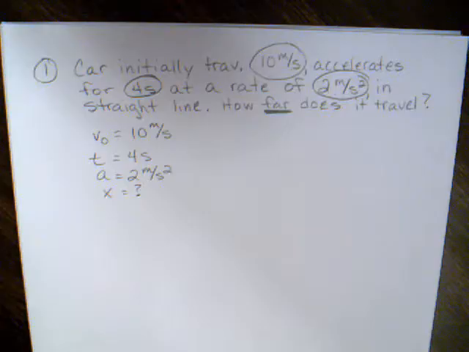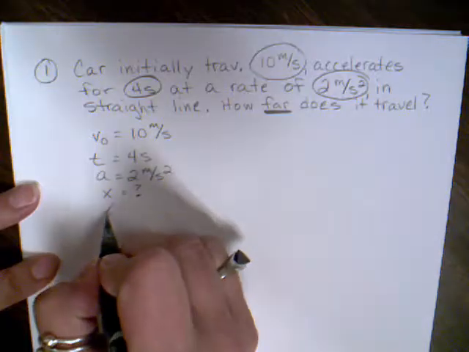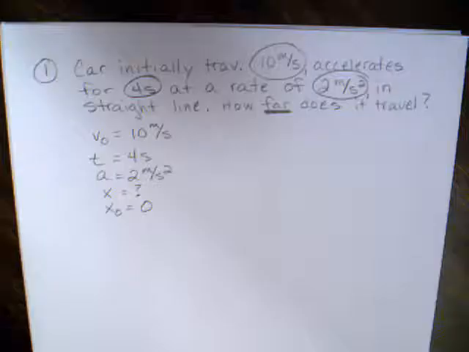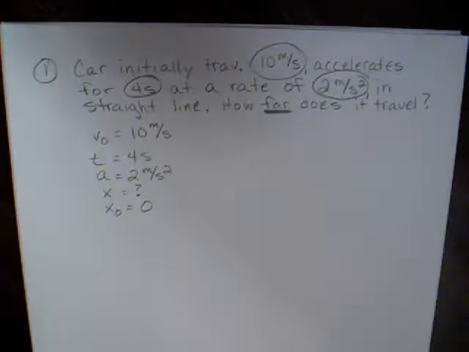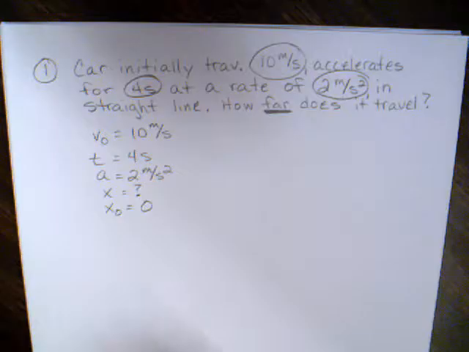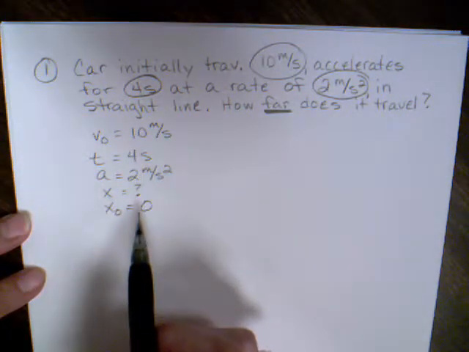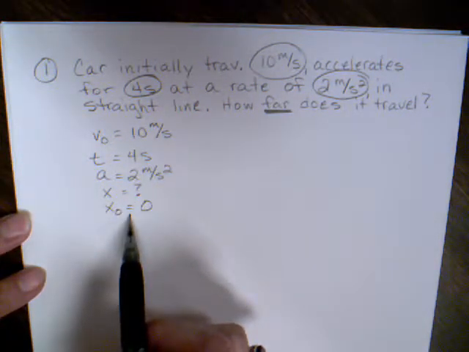So as I look for formulas, and I can assume that X naught is 0, I want to look for a formula that has all of these things right here. There are things you're going to have to assume.